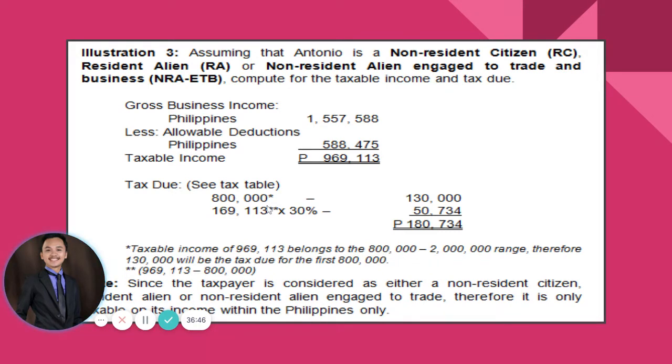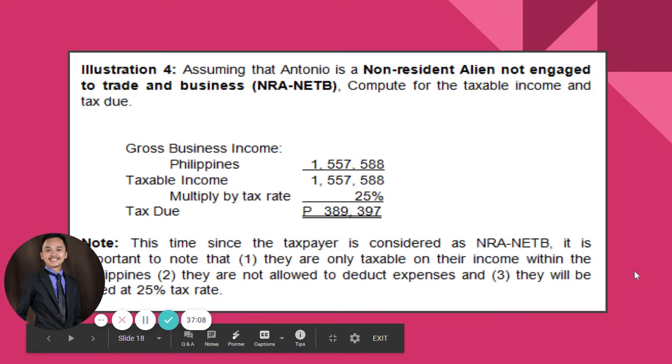So same, for the first 800,000, tax due is 130,000 and an excess of 969,113 multiplied to 30%. So therefore, the total tax due if the taxpayer is of this classification will be 180,734. Okay, they are only taxable on their income within the Philippines.